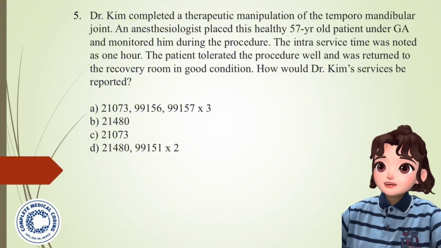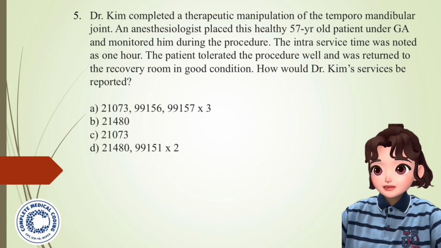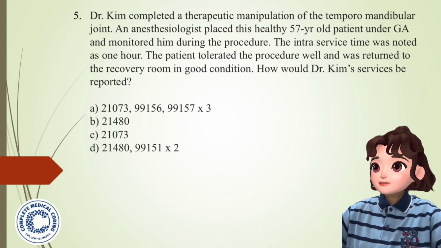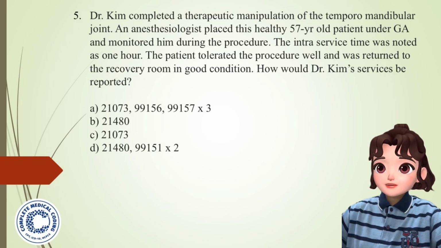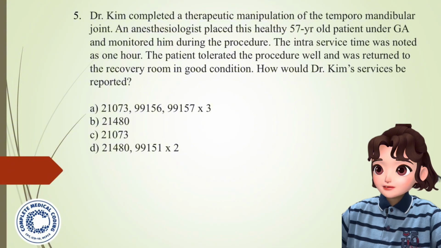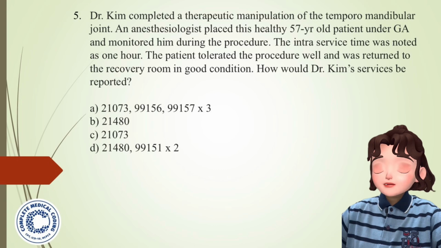How would Dr. Kim's services be reported? So what is the procedure? The therapeutic manipulation of the temporomandibular joint. That is the procedure. Okay, and the patient is healthy. The procedure was carried out under general anesthesia. The service time was noted as 1 hour.